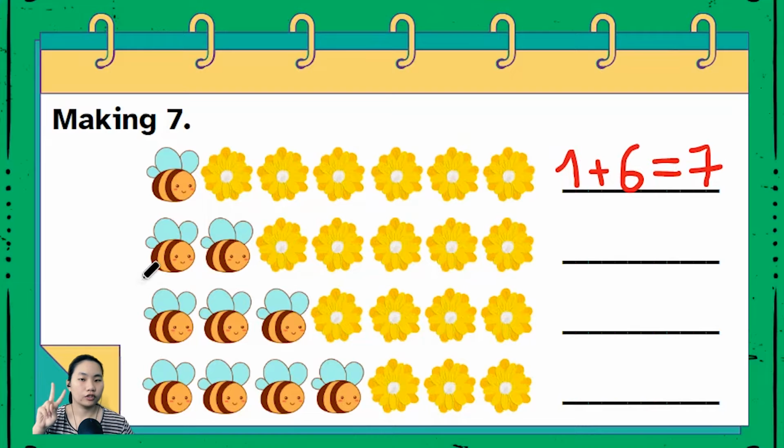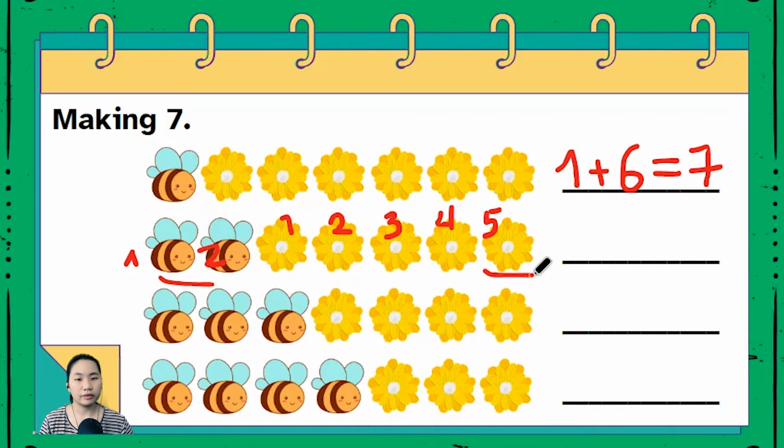Second, we have 2 bees. 1 and 2. How many flowers do we have? 1, 2, 3, 4, and 5. So what is our number sentence with 2 bees and 5 flowers? 2 plus 5, right?